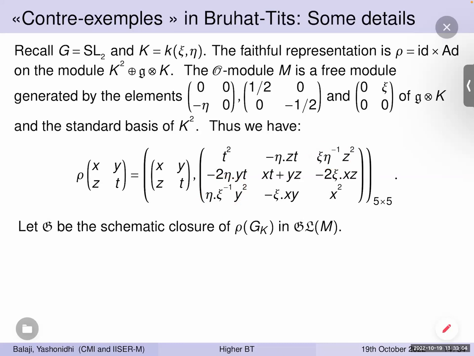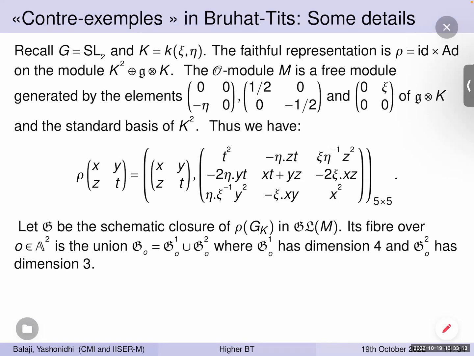Let G be the schematic closure of G cross spec K in GLM. Its fiber over the origin is the union G01 union G02, where G01 has dimension 4 and G02 has dimension 3.